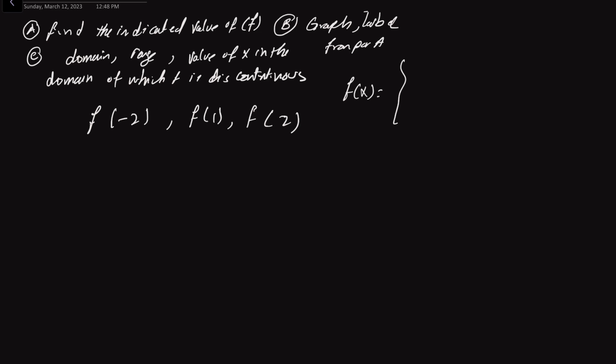The first expression is x if x is greater than or equal to negative 2 and less than 1, and negative x plus 2 if x is greater than or equal to 1 and less than or equal to 2.